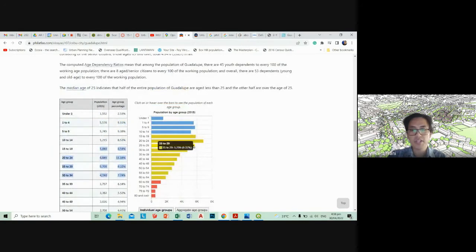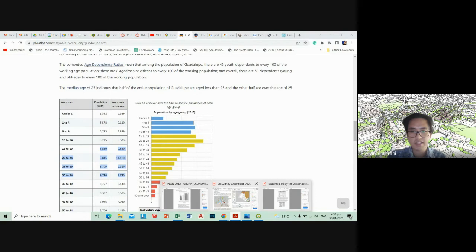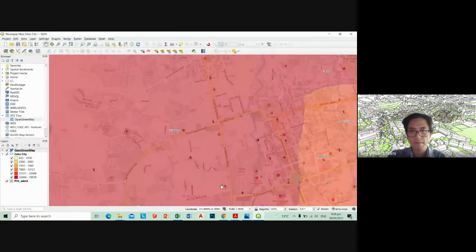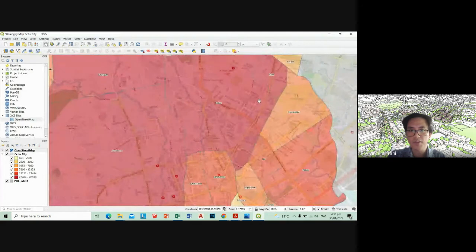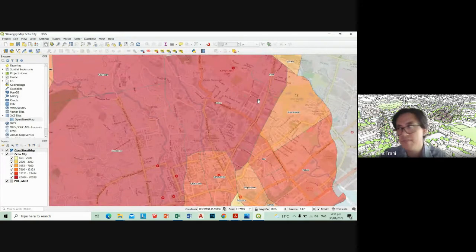So my recommendation for Cebu City as a whole would be, in these areas in red, they need to have their own, if it's not a school, maybe a vocational center, somewhere where they can train.